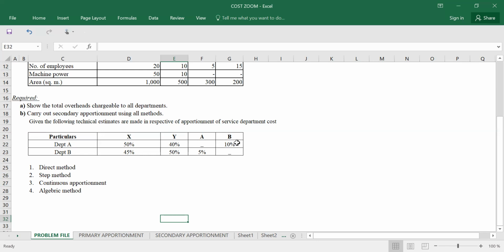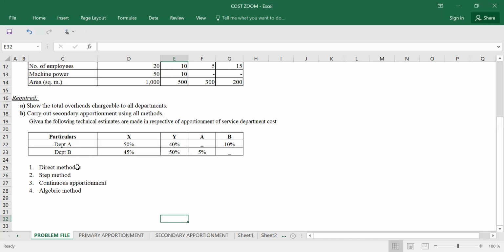It is getting its costs and distributing to the rest of the three. Same applies to Department B. It's distributing 45% to X, 50% to Y, then 5% to A. So that is the interpretation of this.